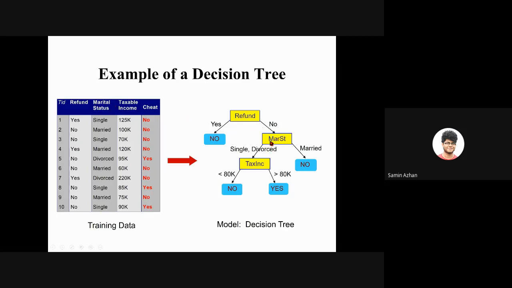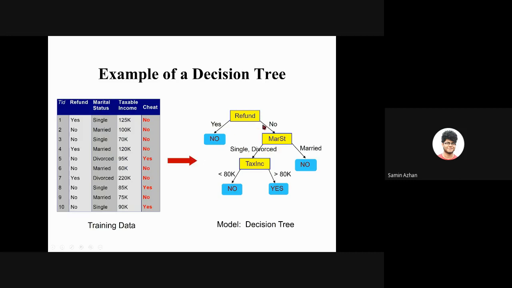Then it says that if marital status is married, then the person did not cheat. So when the refund is no and marital status is married, our model says that the chances of the person not cheating is very high. In our training data set, it says no. So a decision tree tries to make sense of a training data set by creating a tree like this.